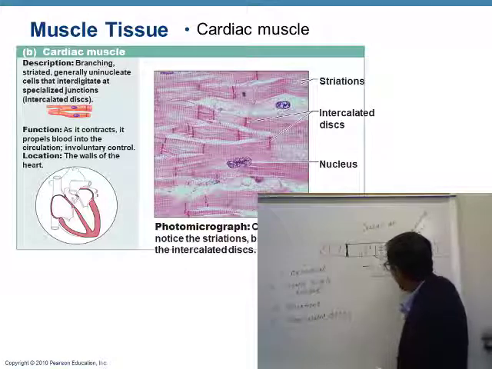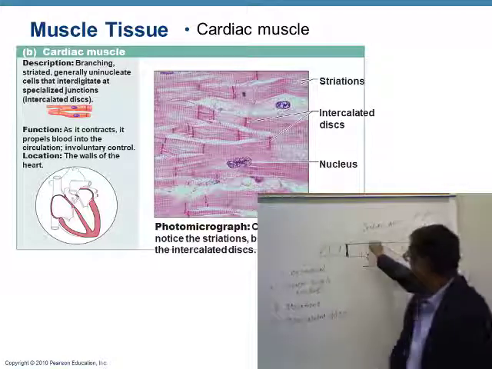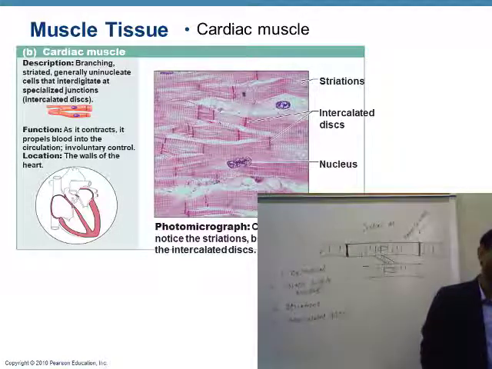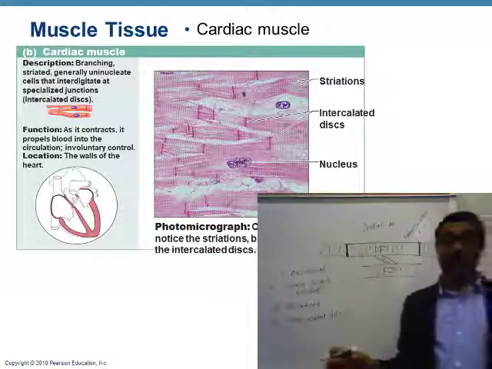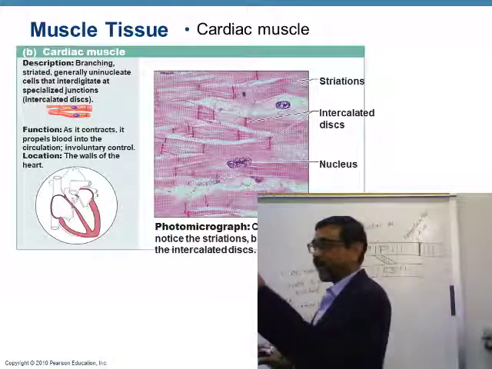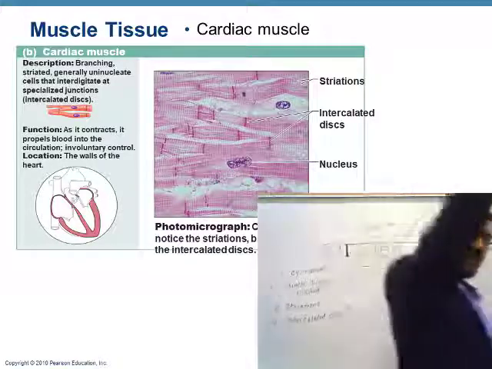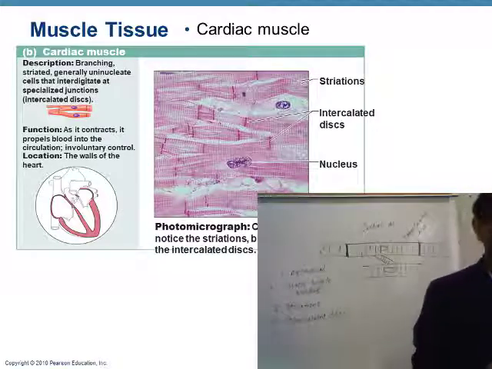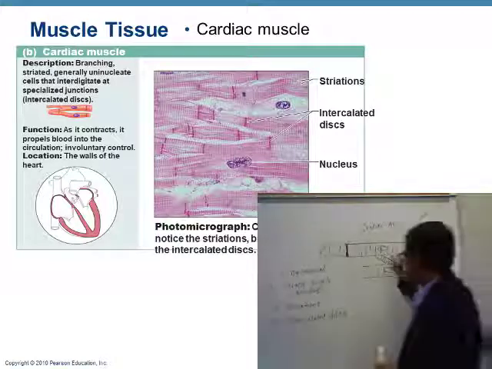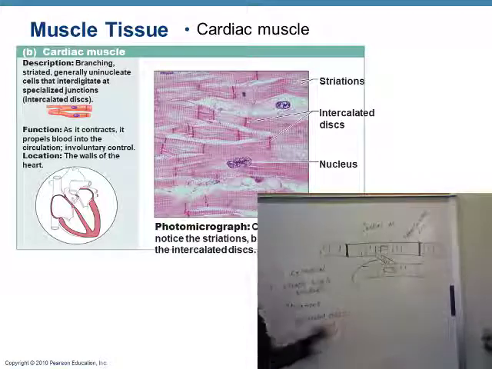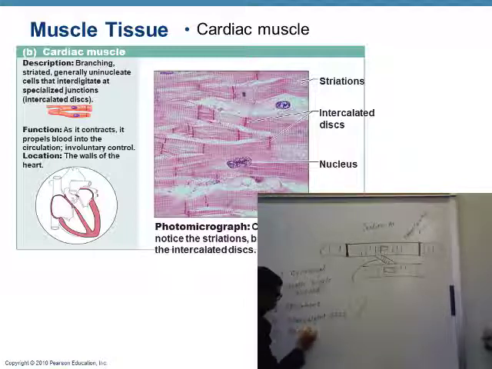From one muscle fiber, a branch arises and goes to the next. In skeletal, also the fibers are cylindrical but no branching. In cardiac, cylindrical fibers but branches arise from the fiber. So branching.